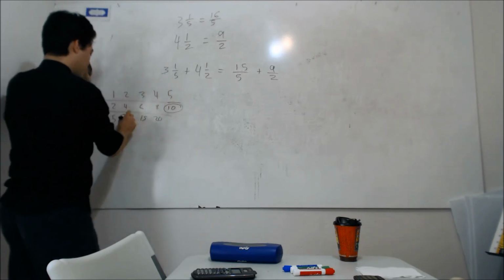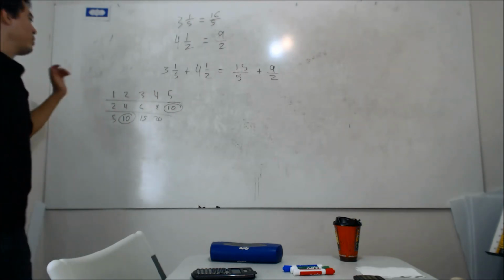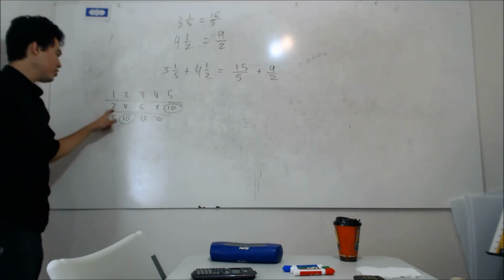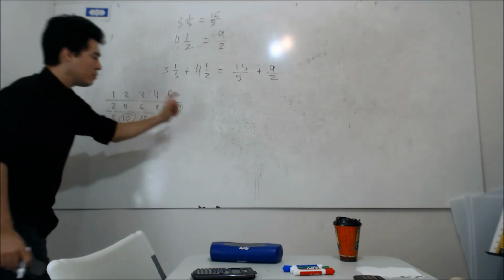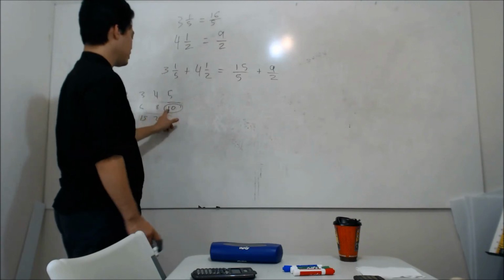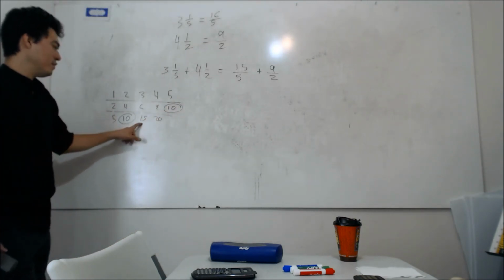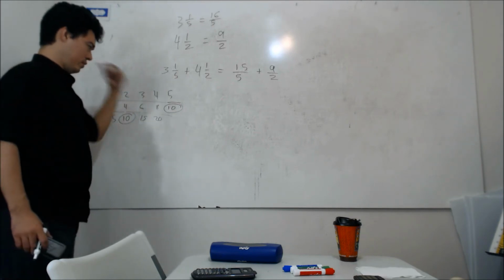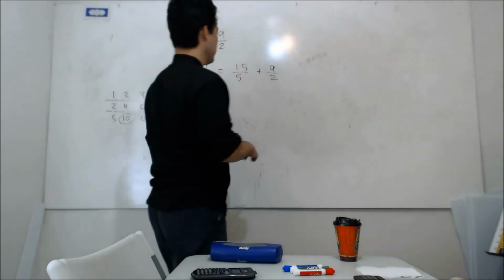Aha, we got it here. 10 and 10. Okay, so that's our common denominator. Notice what I'm doing. I'm listing the multiples of these, however many it takes for me to get the least one that's equal with the second one. 5, 10, 15, 20, 25, 30, 35, 40, you know. You just have to know, like.